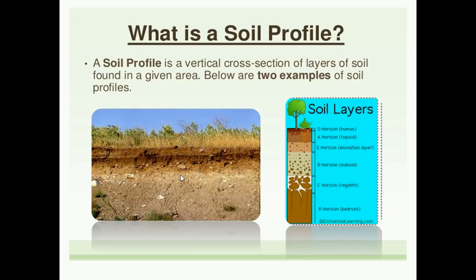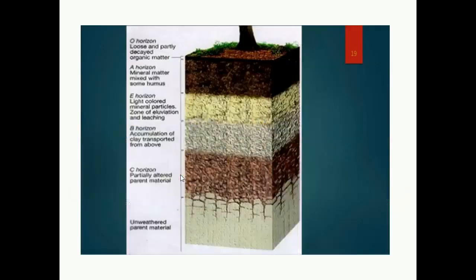You can observe the E horizon is the interconnection between the A horizon and B horizon. Beneath the B horizon you can observe the C horizon, which is the regolithic layer, and finally the bedrock layer, which is the R horizon.